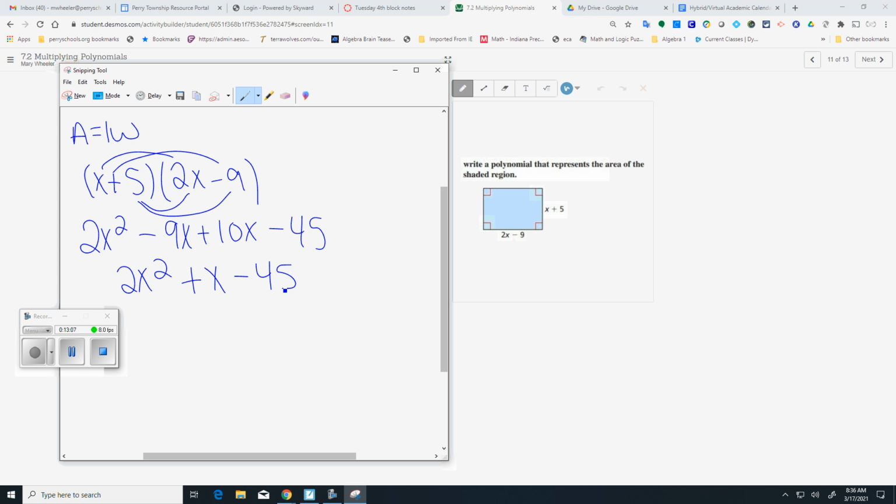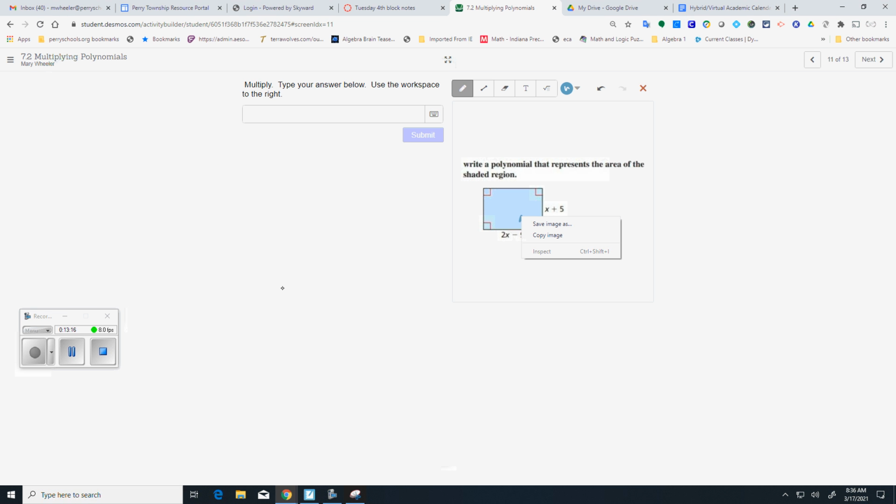And that's our final answer on this one. So that's the polynomial that represents the area of this rectangle right here.